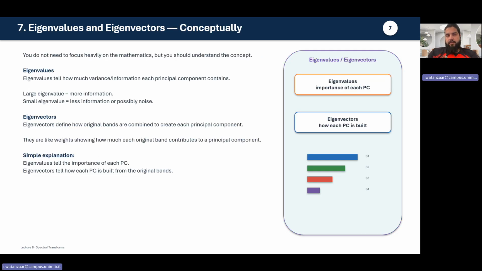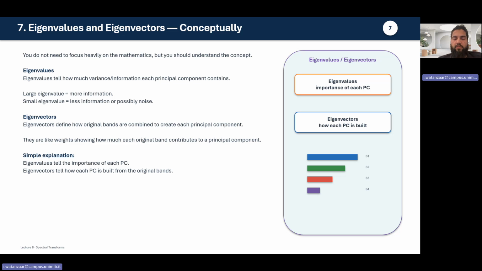As I said, in this chapter we are discussing the principal components in more detail compared to the previous one. So here eigenvalues and eigenvectors come into the picture, which are mathematical concepts. But here we are not looking into the mathematics; we are understanding these concepts conceptually, like what eigenvalues are in terms of remote sensing.